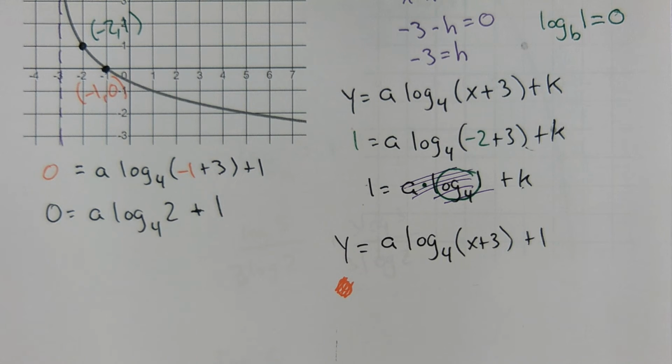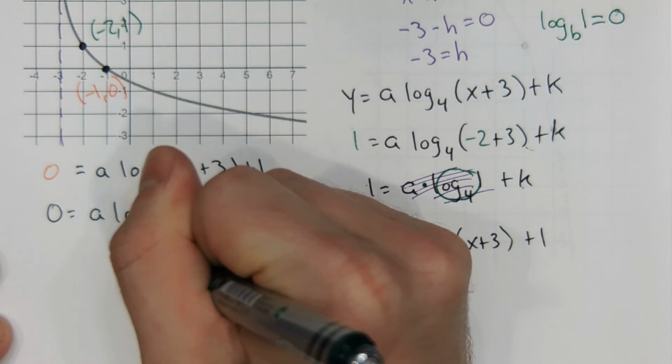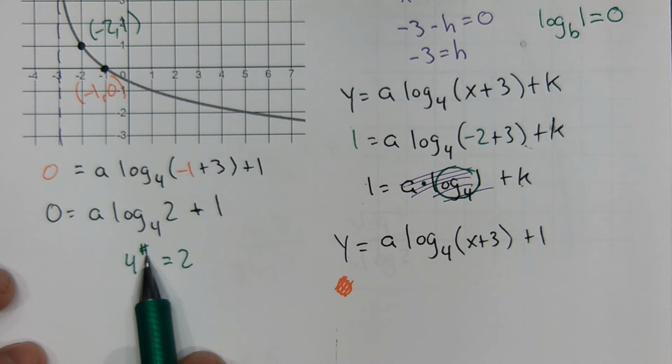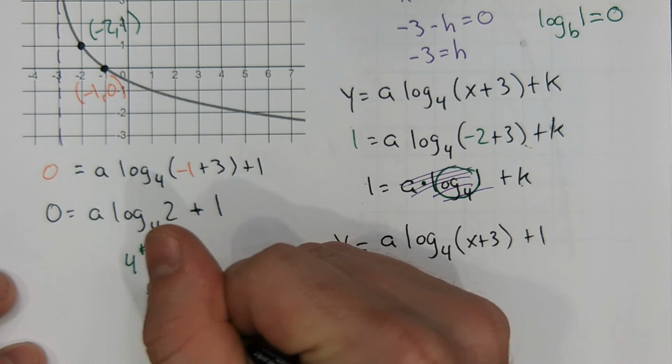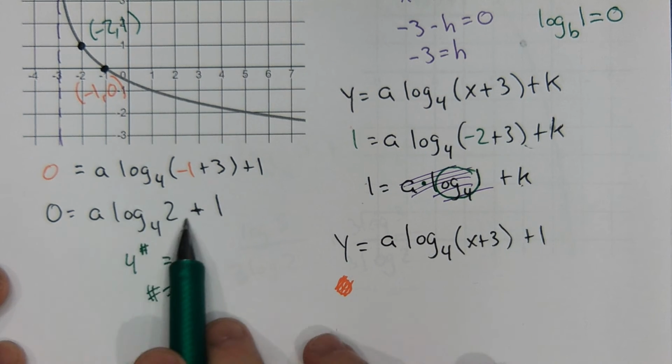Let me reword that. 4 to what power equals 2? Well, 2 is the square root of 4, and square root is the 1/2 power. That means this logarithm has a value of 1/2.